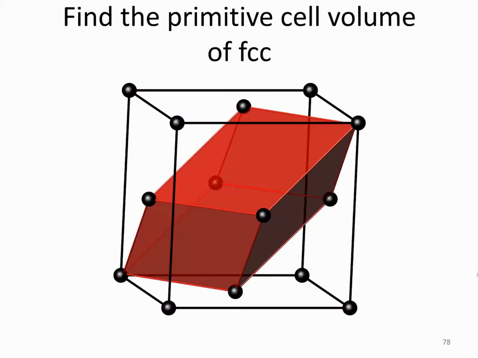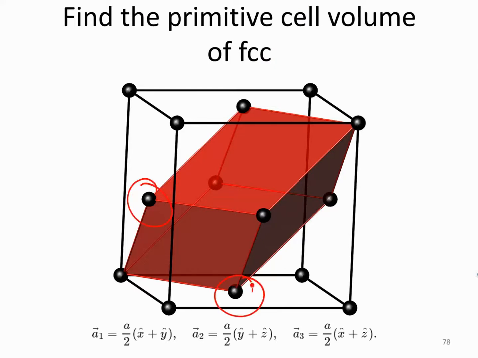Okay, so now how do we find the primitive cell volume of FCC? It's also very easy. You want to get this point and this point.